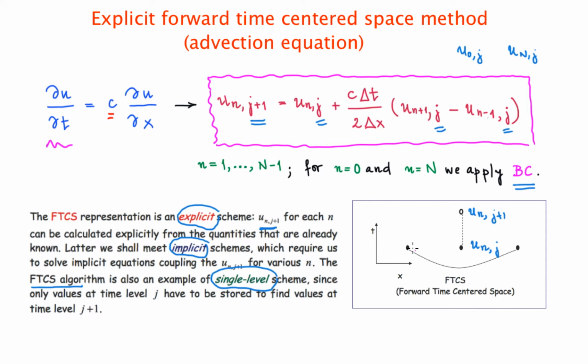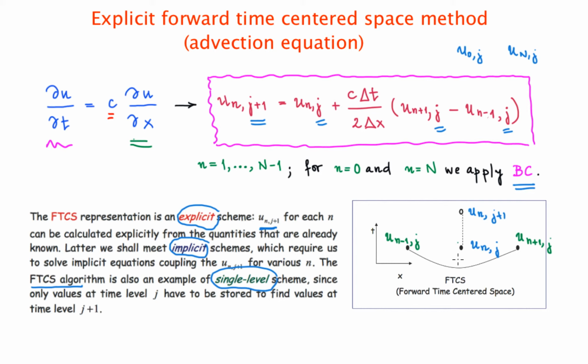And on the other hand, this solid line here is connecting these 2 u functions, and the u function on the left corresponds to the u function evaluated at position n minus 1 and time j, and the one on the right is the u function evaluated at position n plus 1 at time j. So the solid line represents the points that are connected in the finite representation that we have considered in this FTCS method for the partial derivative of u with respect to x.